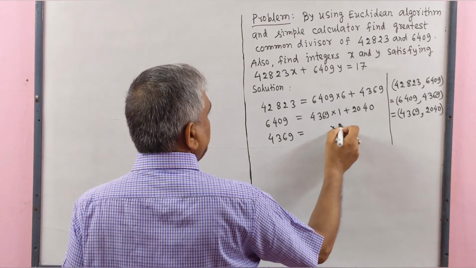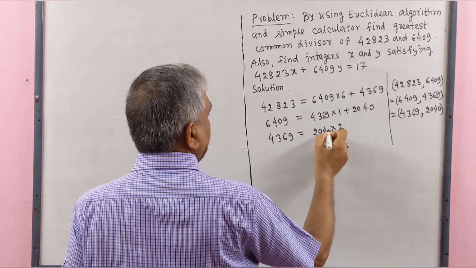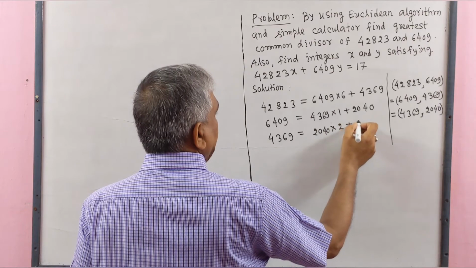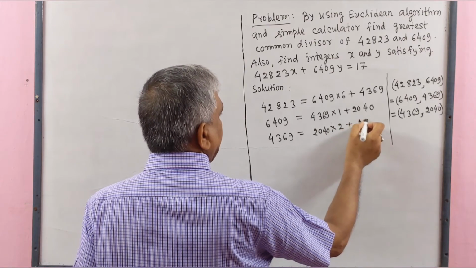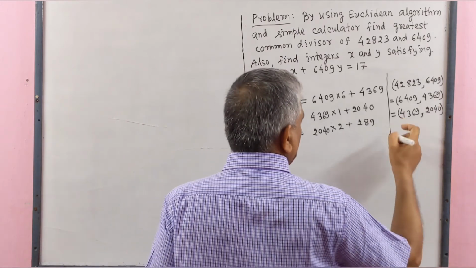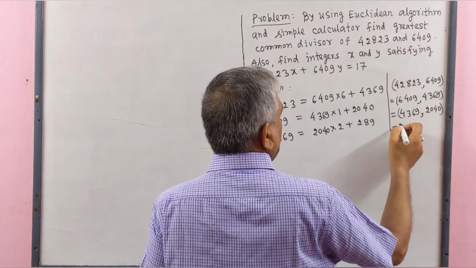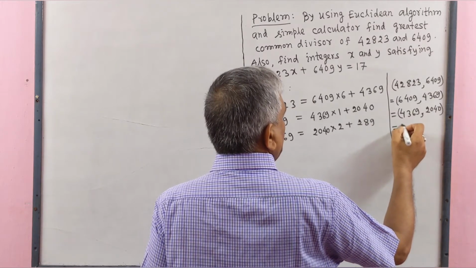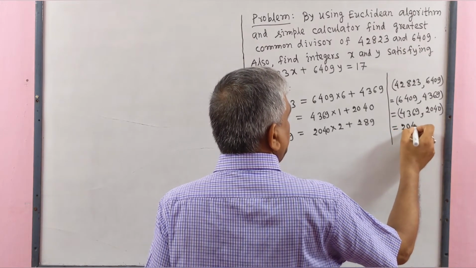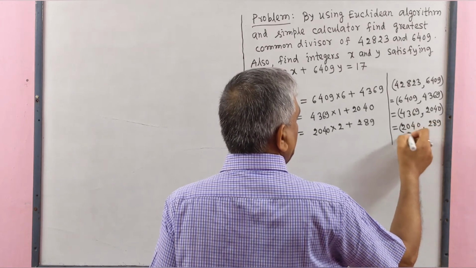So we write quotient 2 here, 2,040, and the remainder is 289. So this will be equal to the GCD of 2,040 and 289.